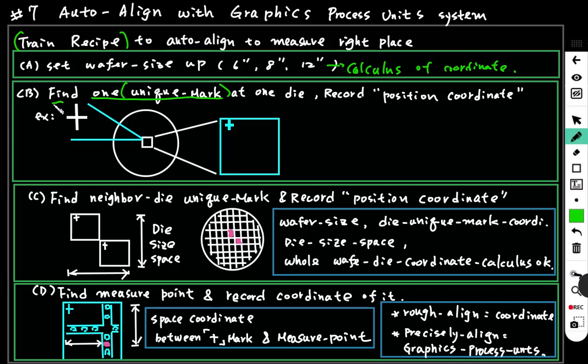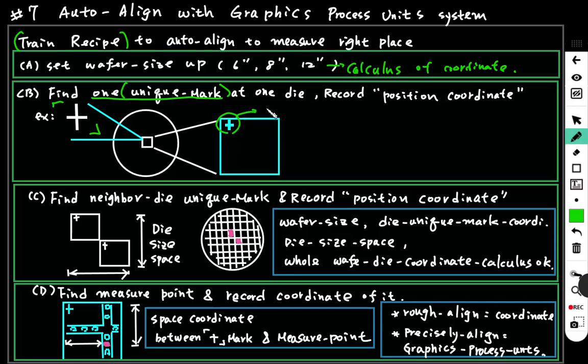For example, the cross mark is very often to see, and every die has one cross mark. So this die has the cross mark here, for example, and a unique mark at the die.